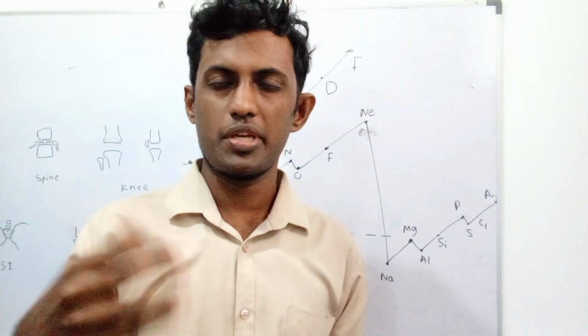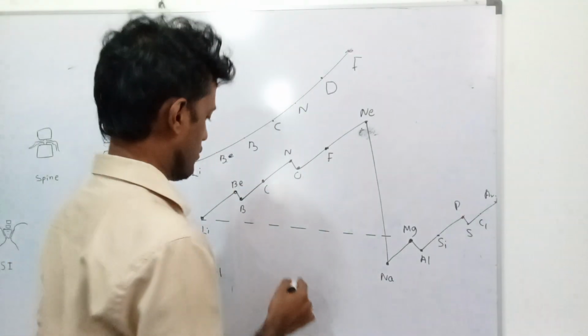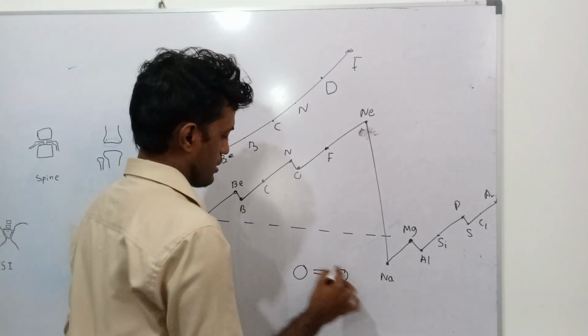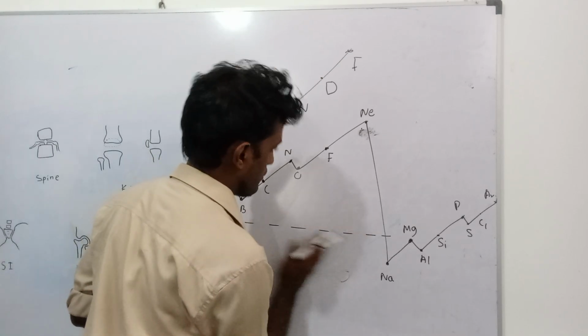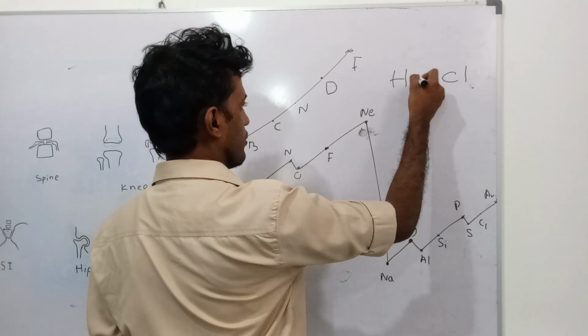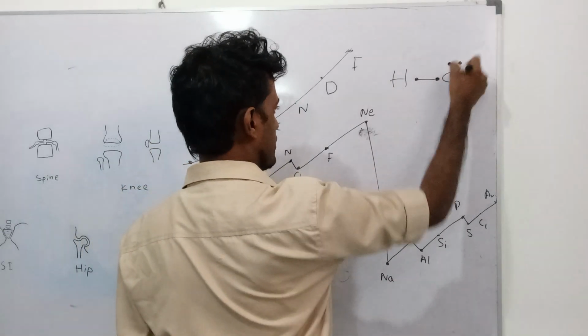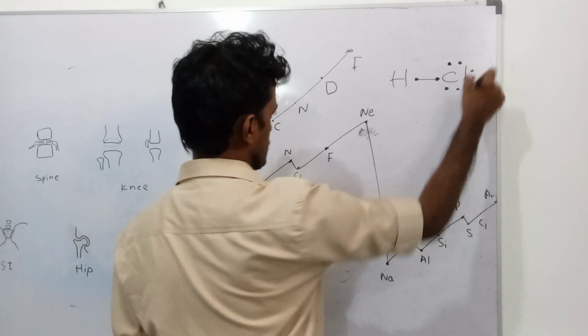Electronegativity means what? The ability of attracting bonded electrons. Then oxygen, HCl take. So these bond electrons, these two electrons attract කරගන්න තියෙන ability එකනේ we called as electronegativity.